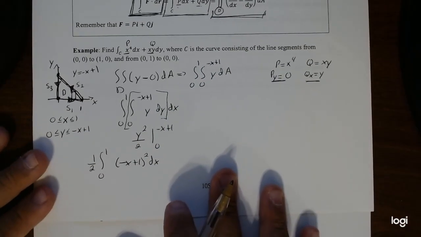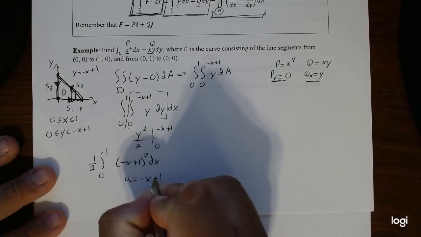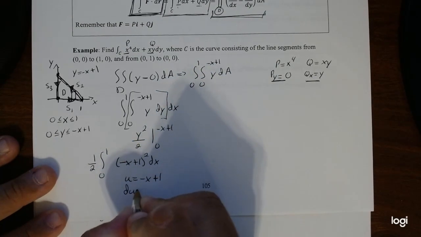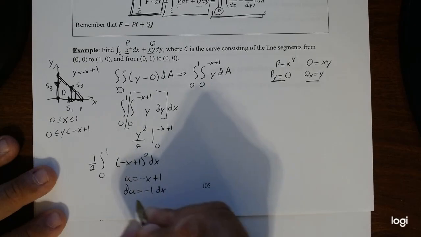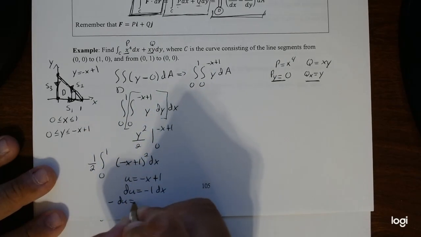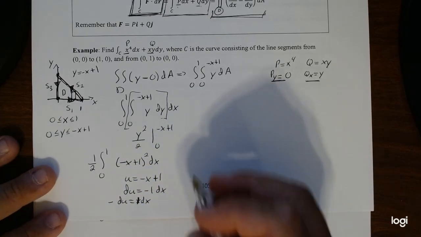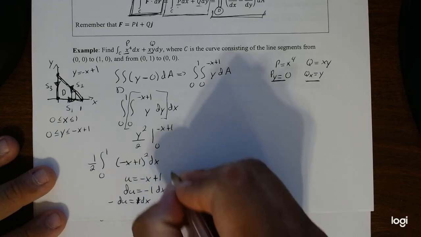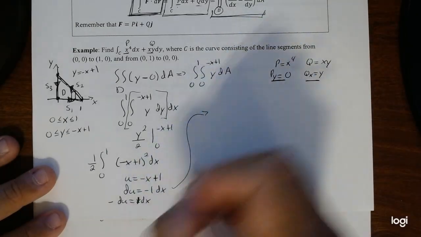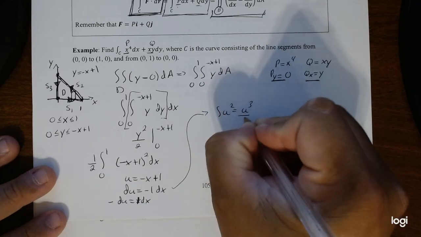Just like everything else, it's a quick little u substitution. Dividing over gives you negative du equals 1 dx. So quickly, u substitution: the integral of u squared is u to the 3rd over 3.